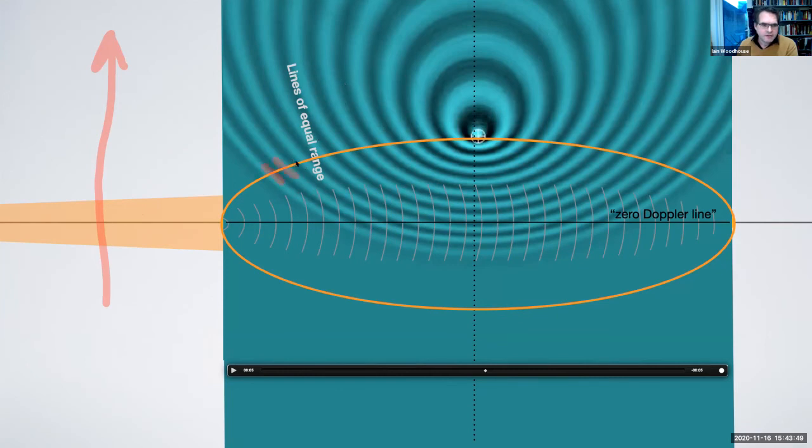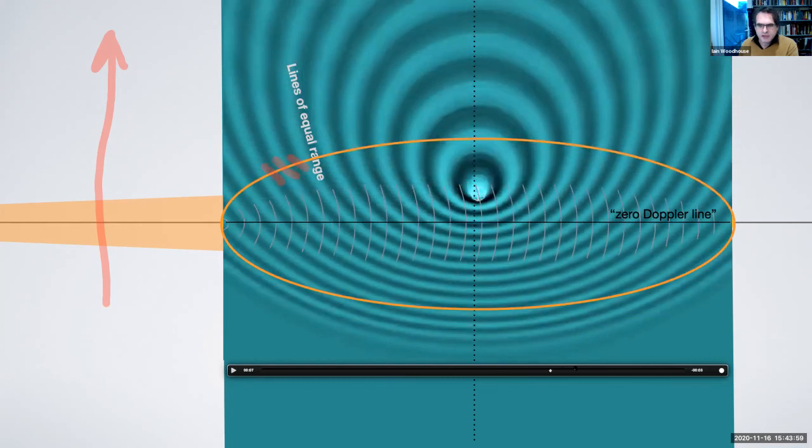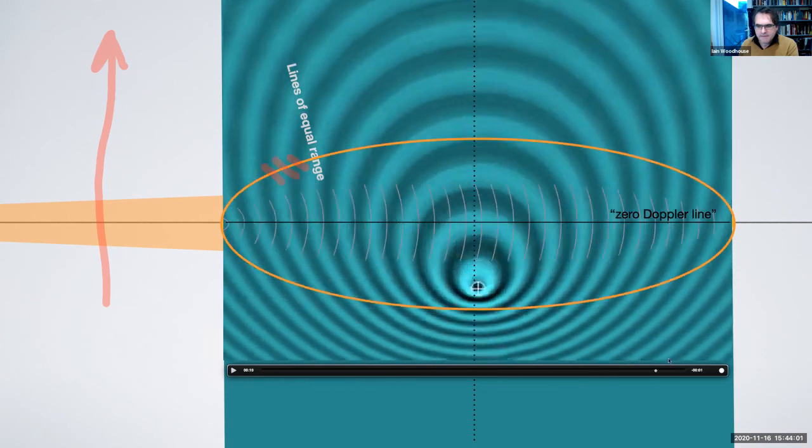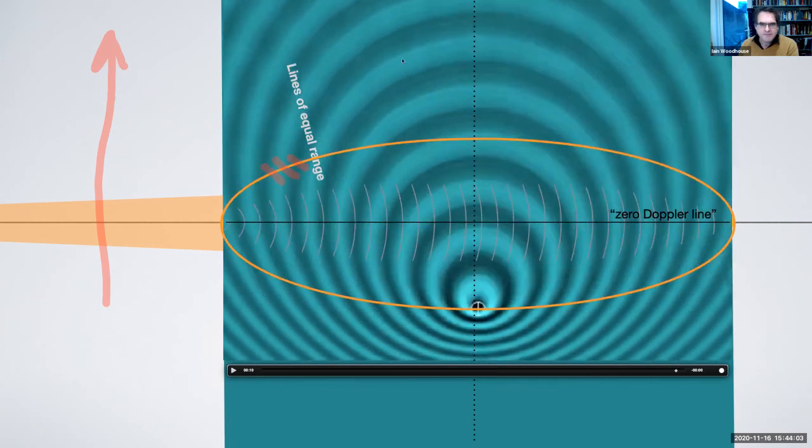if I draw in some of the wave fronts here, as it comes in, the signal is a slightly higher frequency than if we look at what happens when it's going out of the beam, where the frequency is much lower.